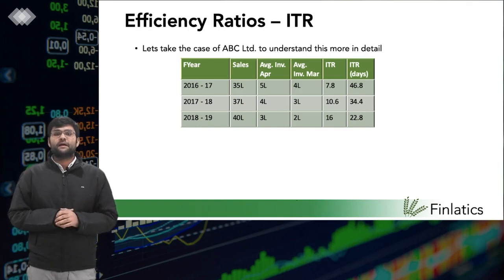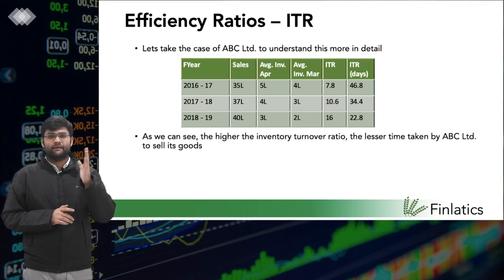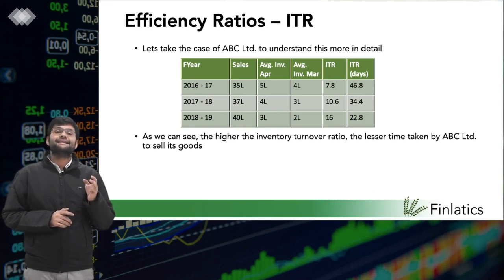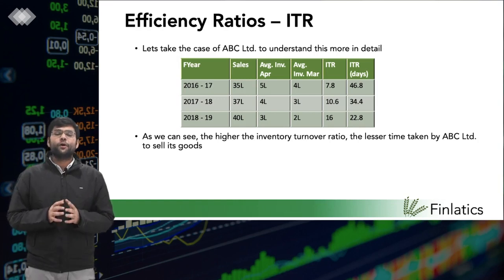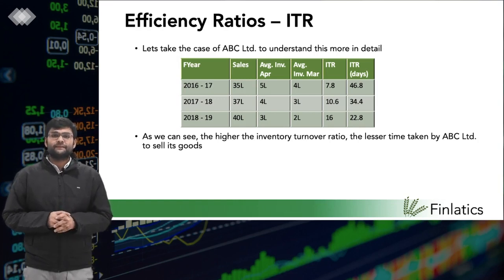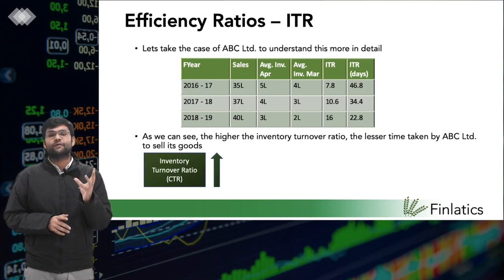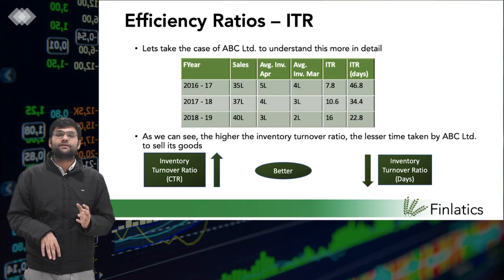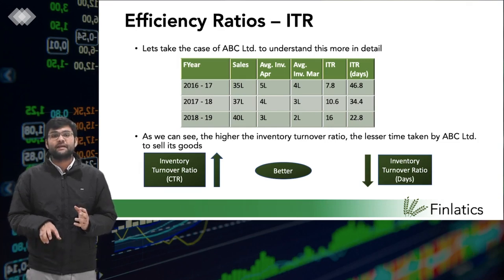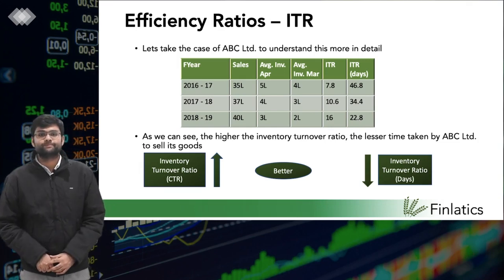This shows how when the inventory turnover ratio is high, the firm is taking lesser time to deplete its inventory. From this, we can conclude that a high inventory turnover ratio is good for the firm, while a low inventory turnover ratio in terms of days is good for the firm.